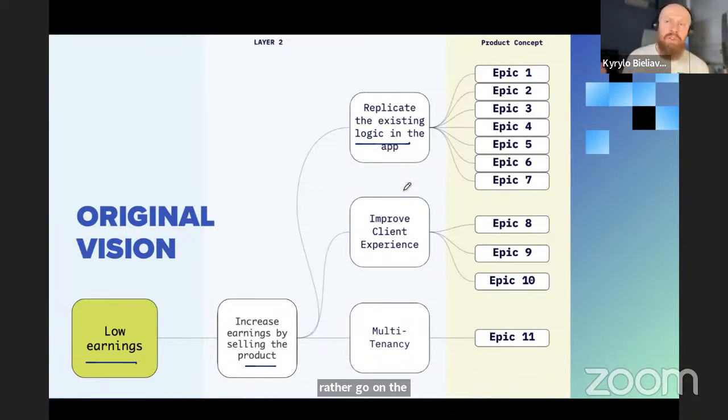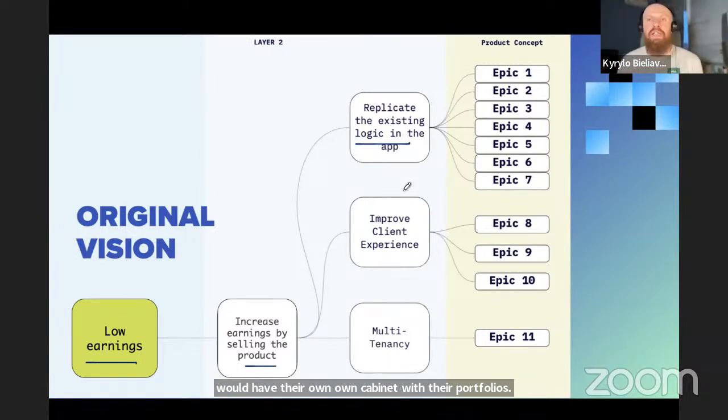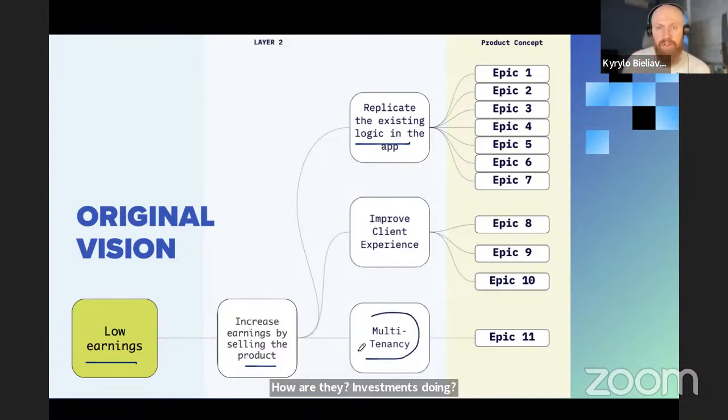They would have their own cabinet with their portfolios. They can see how much interest they already have, how their investments are doing, etc. And a very important part was multi-tenancy. So they would be able to sell this platform, with this logic, to their competitors.